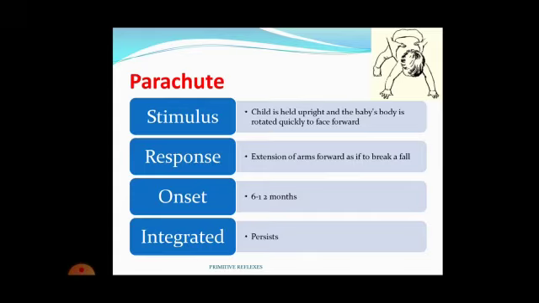Here the child is preventing head injury by moving the upper extremities into extension, so that the upper extremities come in contact with the ground, not the head. So the response is extension of the arms forward as if to break a fall and prevent head injury. This reflex is present from 6 to 12 months of life and will persist throughout life.